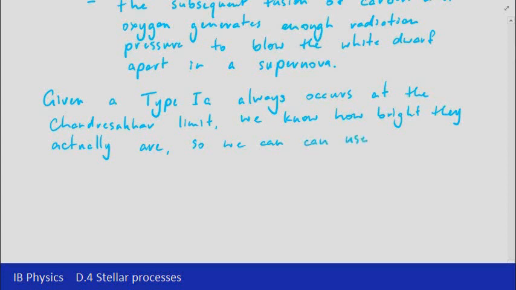What we mean by that is that if we know the brightness, then we can start to compare them, and we can see these type 1a supernovae occurring and make measurements based on the apparent brightness.